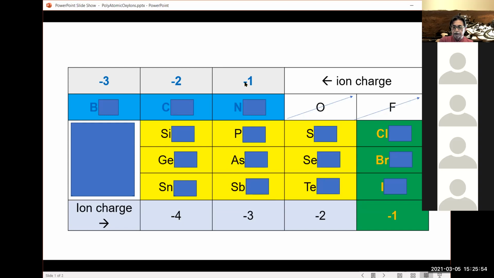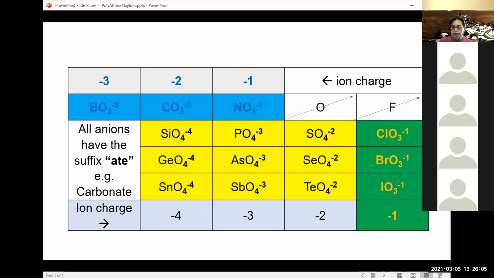Okay, starting with the nitrogen, we're going to end up with a -1 overall, -2 for the carbon based, and the one with the boron based. Okay, and so the base name, the ones in blue only start off with 3 oxygens. The ones in yellow all start off with 4 oxygens. And the ones in green start off with 3 oxygen. That is the parent name, if you will.